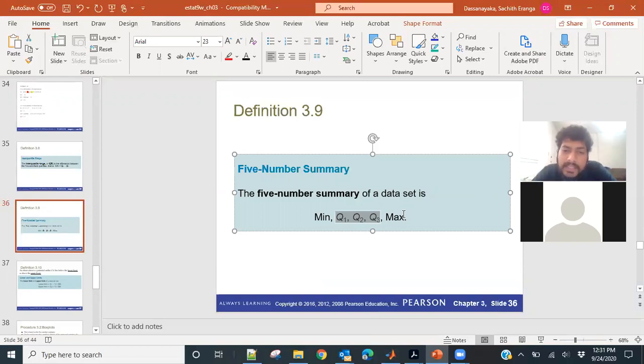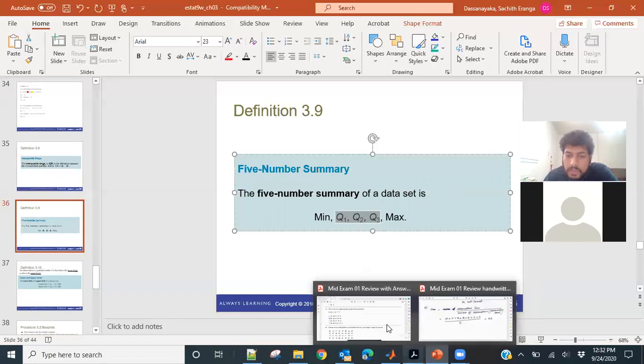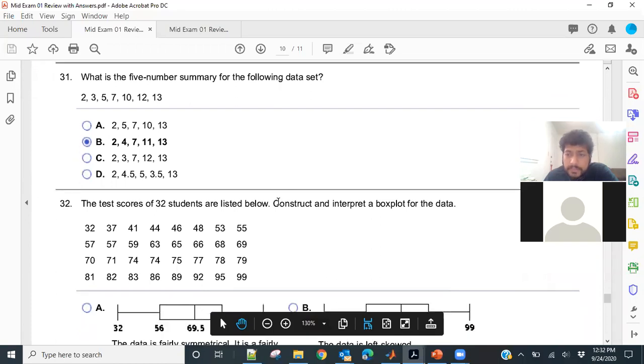If you have to answer a question like, find the five number summary of this data set, you have to find Q1, Q2, Q3 and the minimum value, maximum value of that data set. You should know that first of all you have to put the data set into ascending order, then find these values. That's how we find the five number summary.